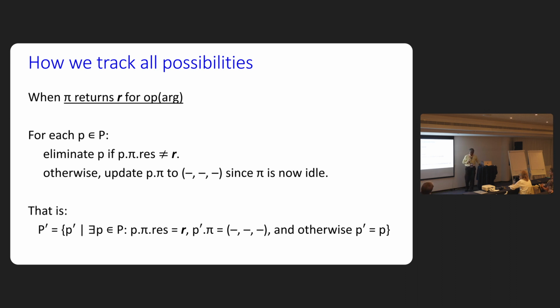So P is a variable. Think of P, capital P, the set of possibilities, as a variable.